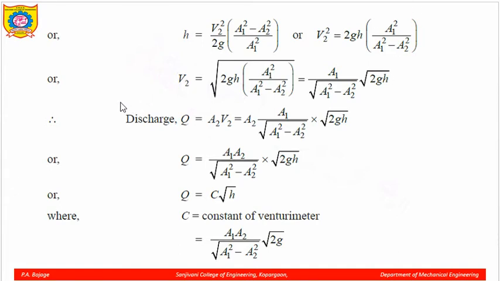But discharge, you know with the continuity equation, Q is equal to A2 V2. Putting the value of V2, we get A2 into A1 upon under root A1 square minus A2 square multiplied by under root twice GH.